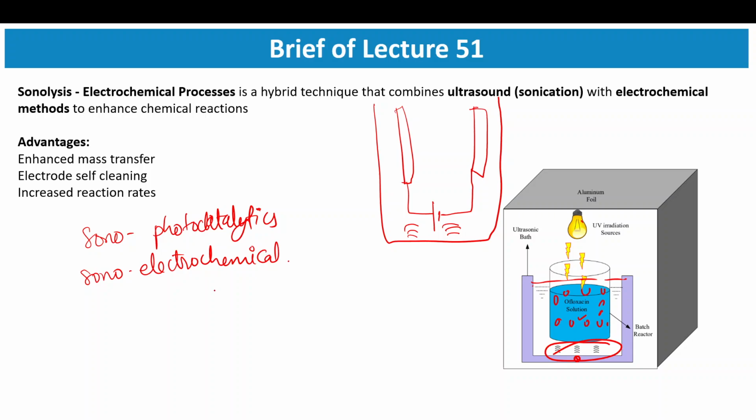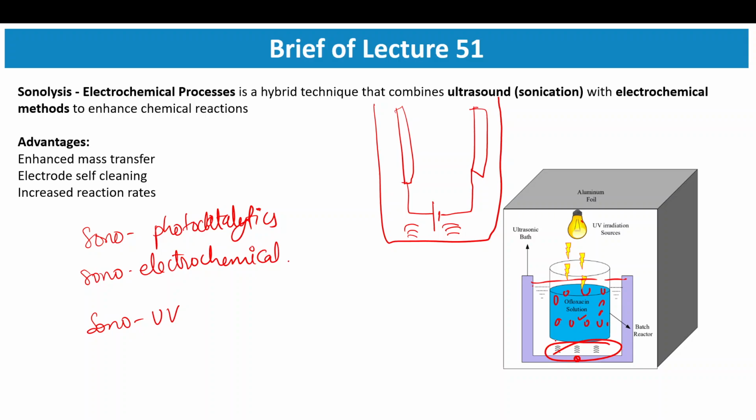Again, you can have sono UV or sono photocatalysis, where, for example, if you want to have UV, then in a closed chamber, this is the UV source, and you will provide ultrasound to the water tank, right?